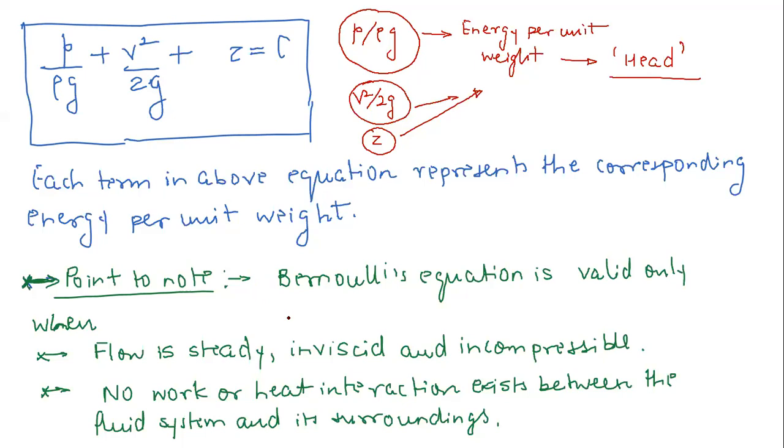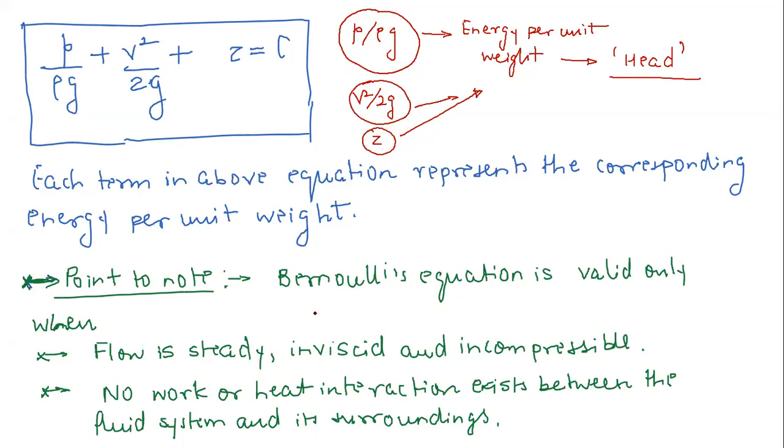If we are here on Earth, g is not going to vary, and even if you move towards mountains or something like that, the variation in acceleration due to gravity is not very high. Though it does vary, the variation is very negligible. So we assume g as constant.